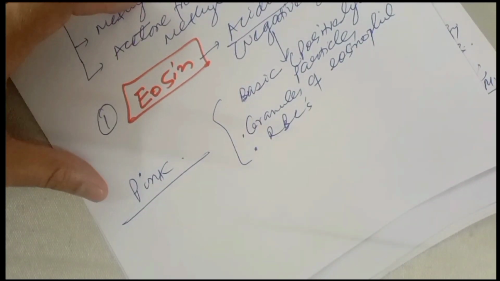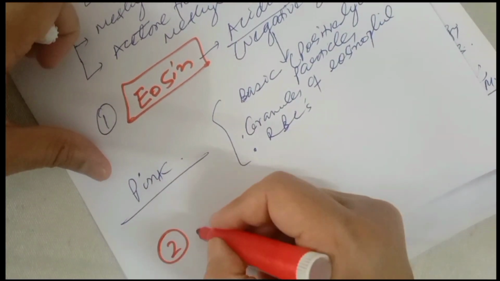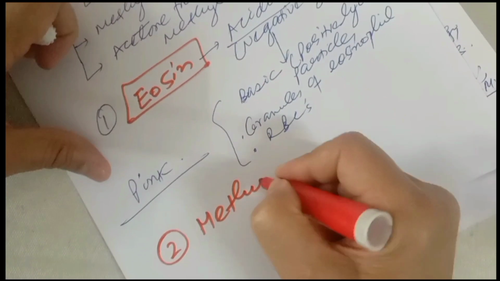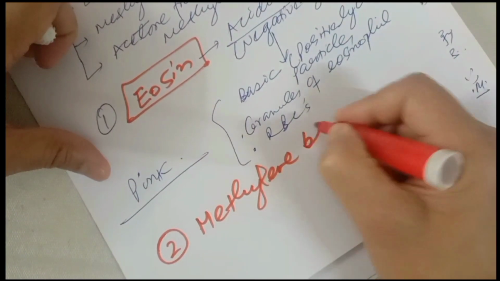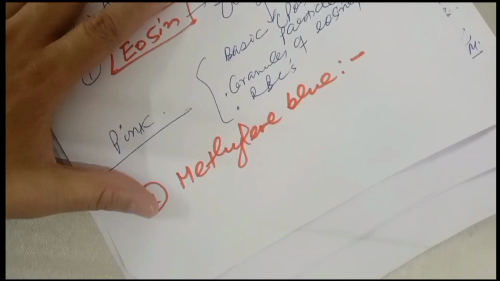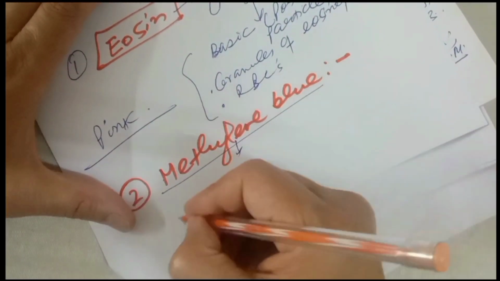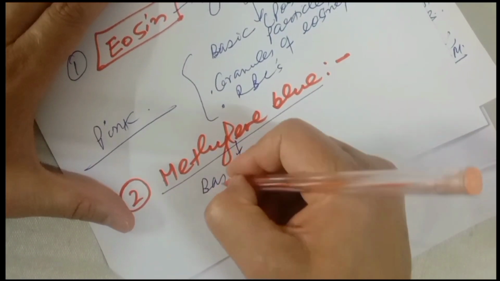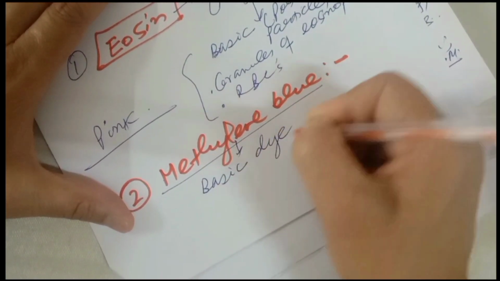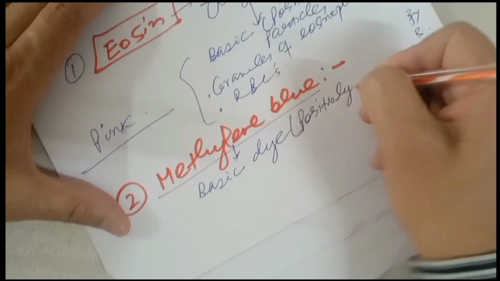Then the next component is methylene blue. This methylene blue is a basic component of the dye, a basic dye or positively charged dye.